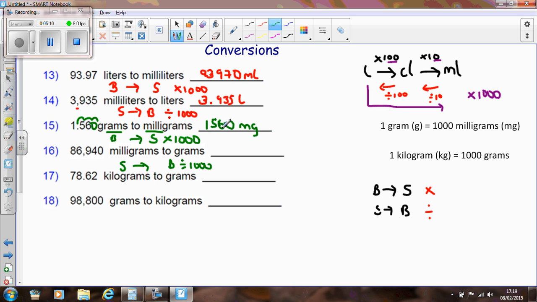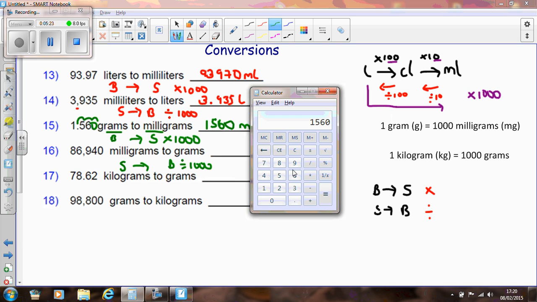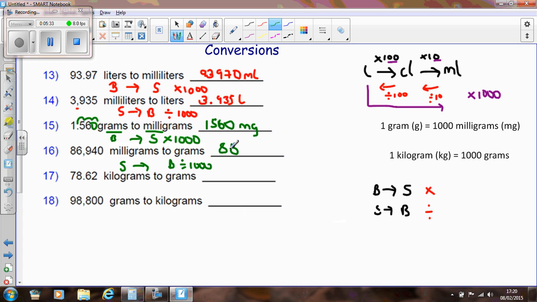So that's why it's 1,560. Now, if you're not confident at moving the decimal place, I suggest that you just put it in the calculator and see what it shows you. But if you are confident at that, it's quicker than doing the calculation, because you can just see what it is straight away. Filling in the grams one, so we've got 86,940, again ignoring the comma, and we are dividing by 1,000, and we've got 86.94, and the answer is in grams because that's what we're changing into.